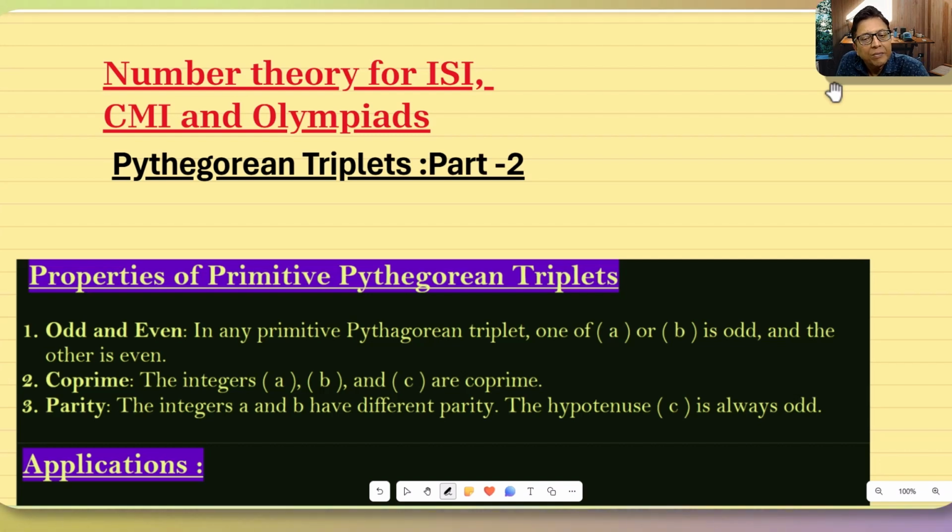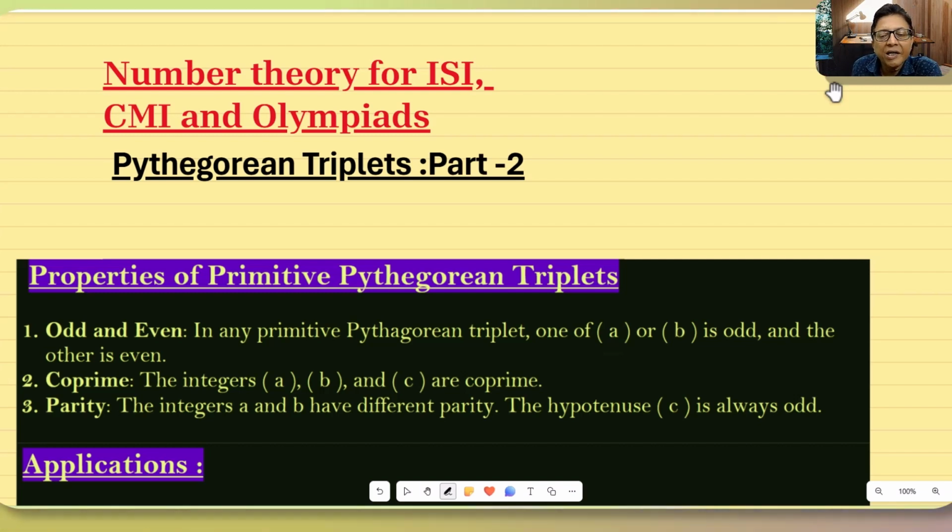Number one, if those three primitive Pythagorean triplets you have taken as A, B and C, then one of them will be even and the other one has to be odd. I mean, if you have taken A equal to 3, B equal to 4, then C equal to 5, that we have seen.